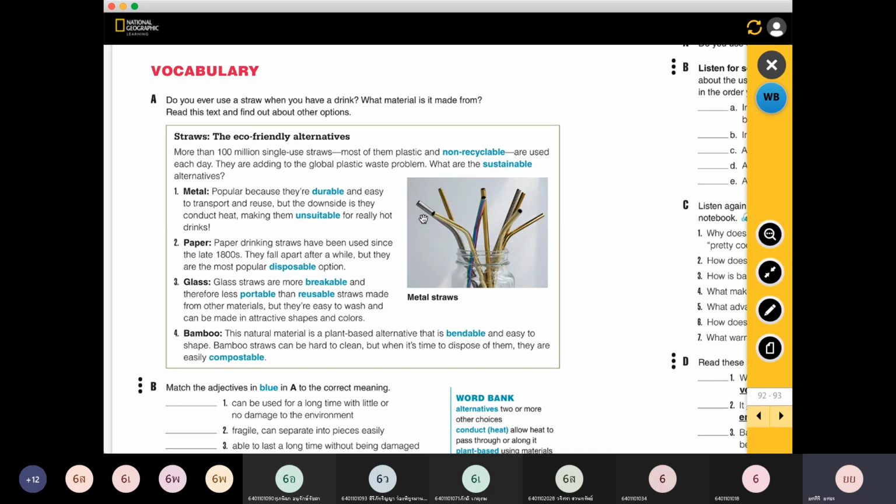I feel it's difficult to clean. So have you ever had experience using any eco-friendly straws?